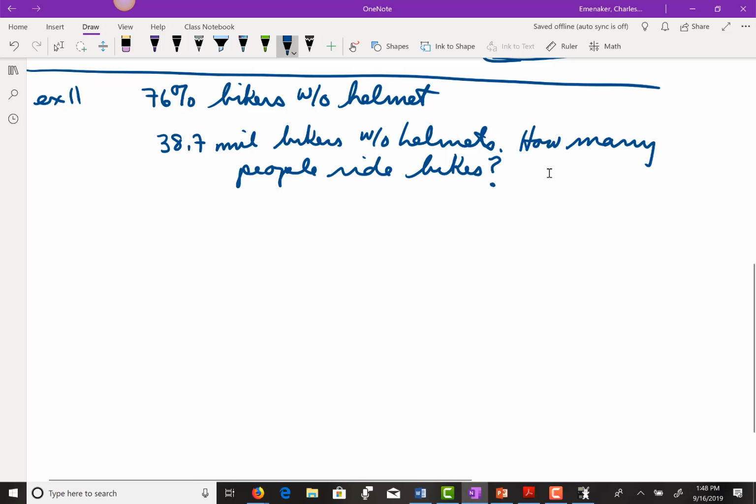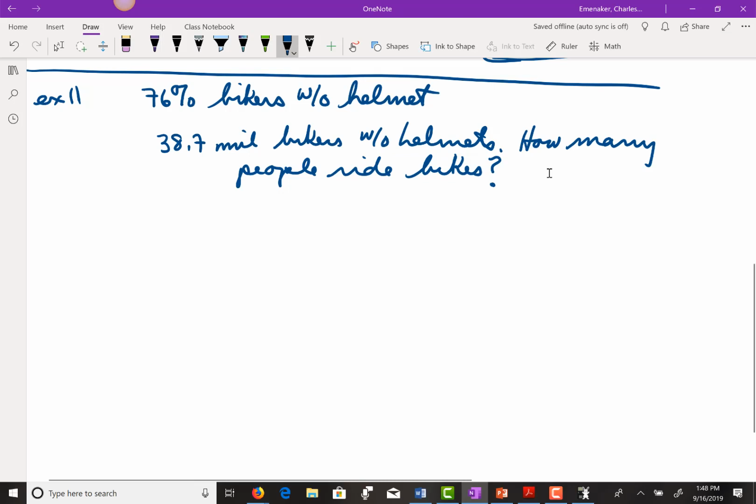Aha. Well, the 38.7, is that the total amount or a portion of them? It's a portion, isn't it? That's the folks who don't wear helmets, and then there's some chunk of them who do. If you take a look at the stats, it says 76% don't wear helmets, which means what percent do? 24.